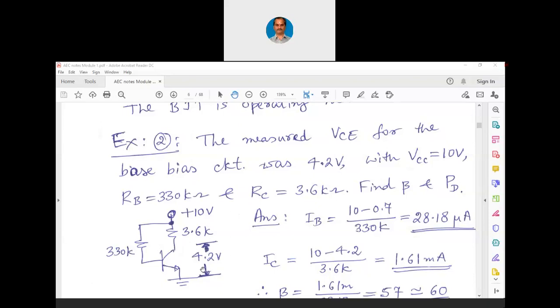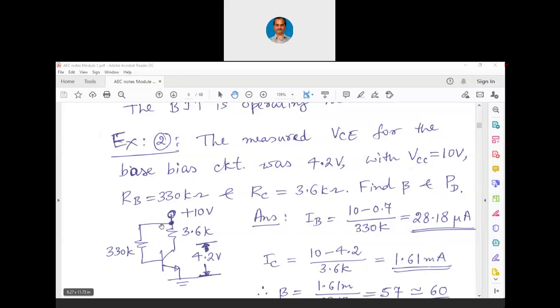Now because this is 4.2 volts, and the total is 10 volts, naturally 10 minus 4.2 is across this 3.6K. I can easily find out IC, right? IC is 10 minus 4.2 divided by 3.6K, that is 1.61 milliampere.